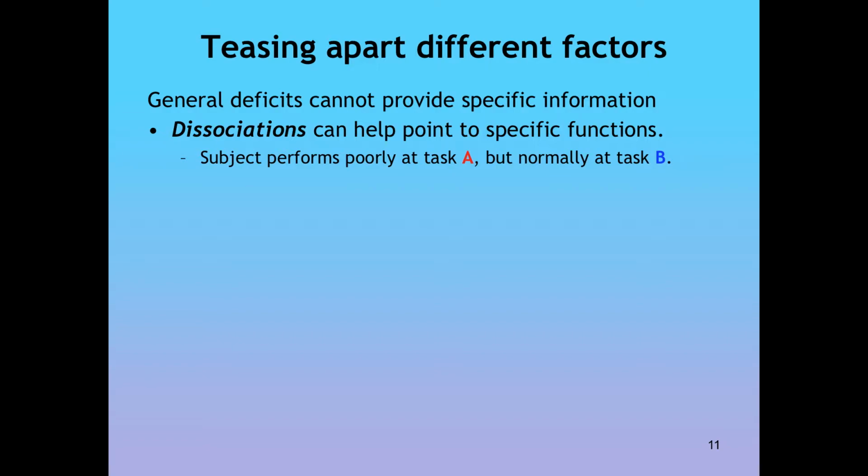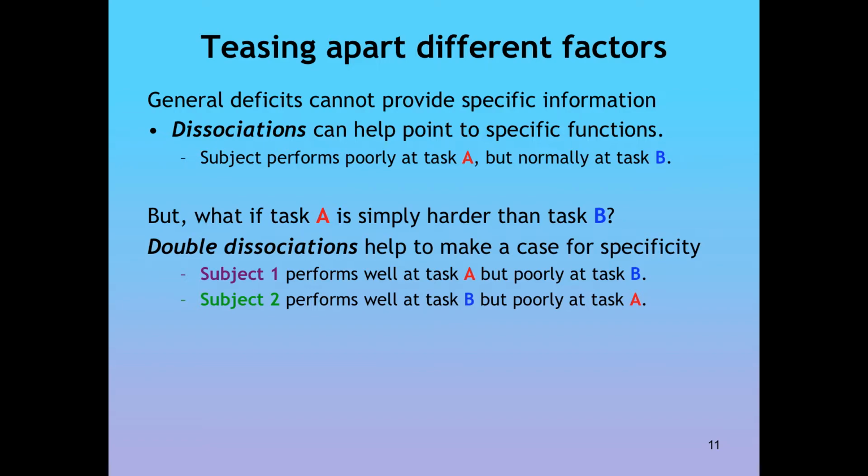Of course, there are problems with drawing these strong conclusions. Like, what if one task was just more difficult than the other? What if them being bad at this task has nothing to do with that brain region at all? So doing a single dissociation like that comes with its issues. But double dissociations are one step better.